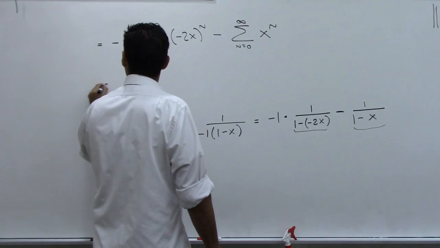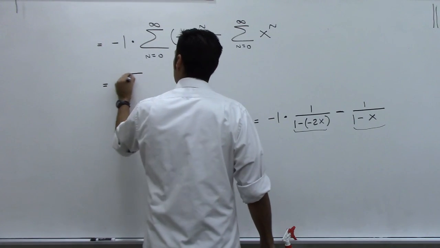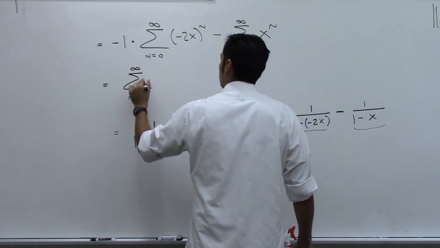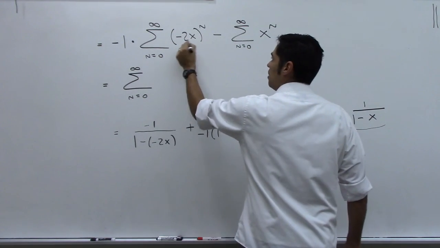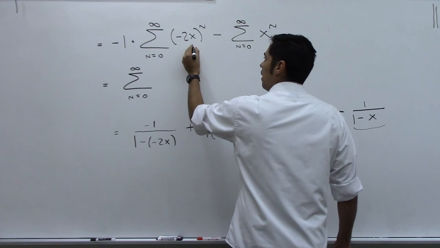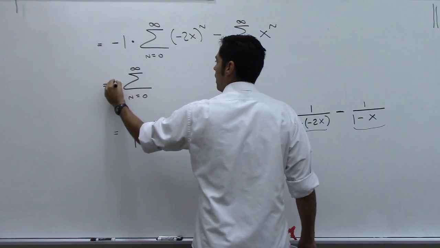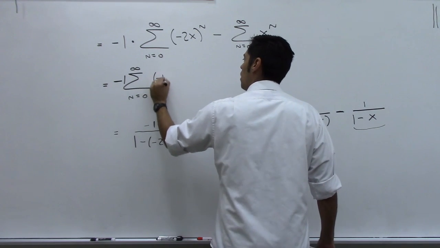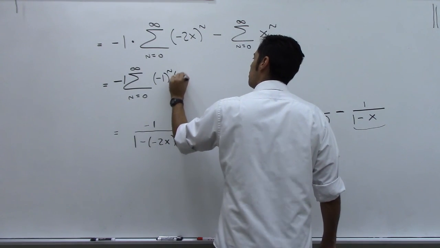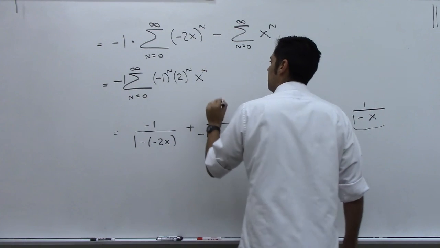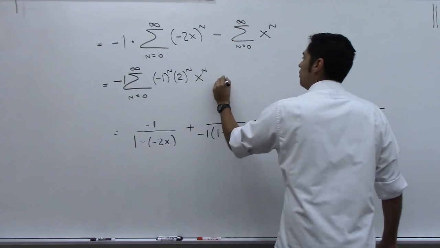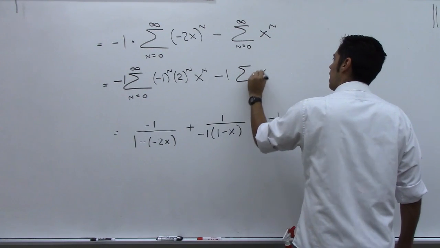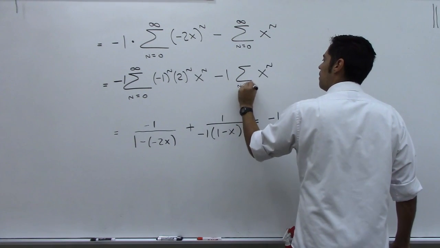I'm trying to do this one a little differently so you can see how it works. I'm going to split this into three things, and I'll leave that negative out there. This is -1 to the n, this is 2 to the n, this is x to the n. And then -1 in front of this one, sum, and then x to the n. There's not much going on there.